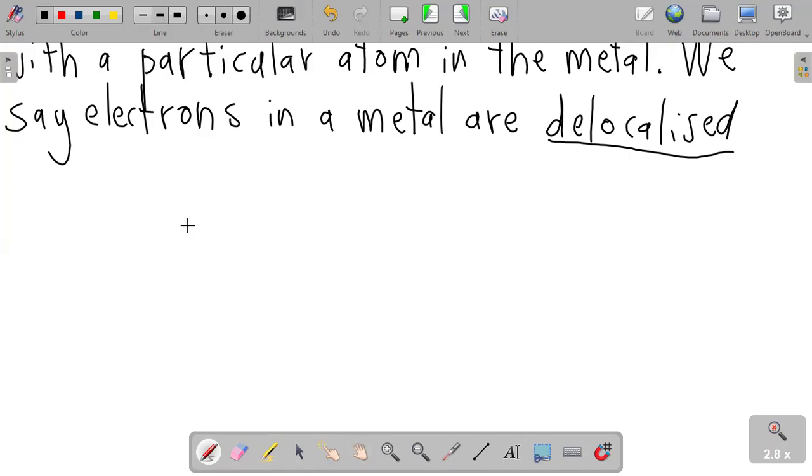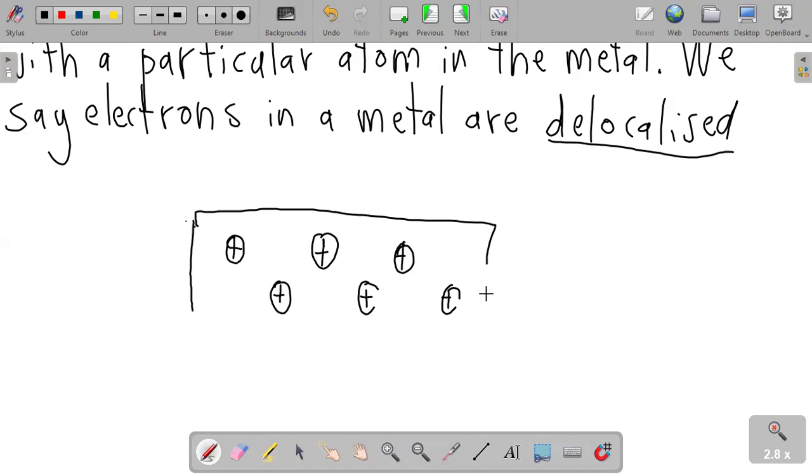I will use a diagram here to explain. It has positive charges, which are formed from the ions, and then we have electrons.